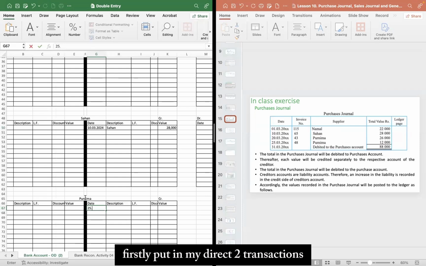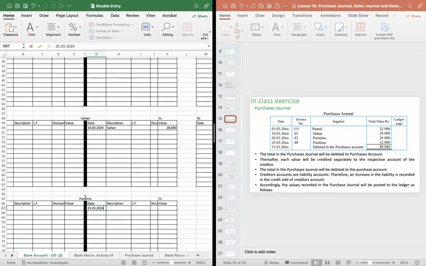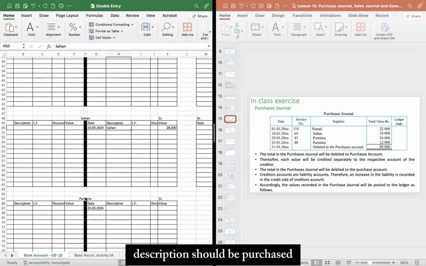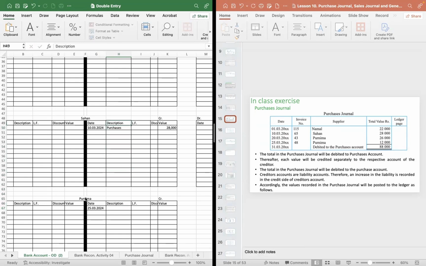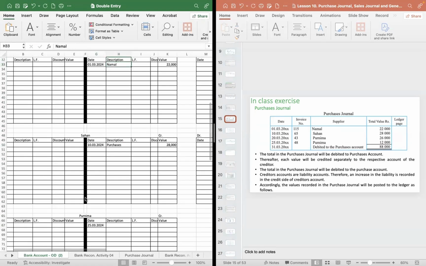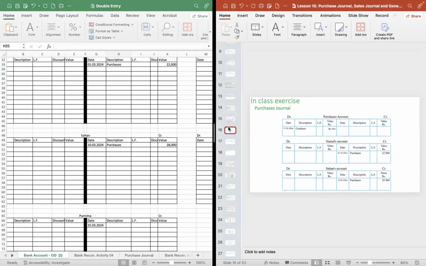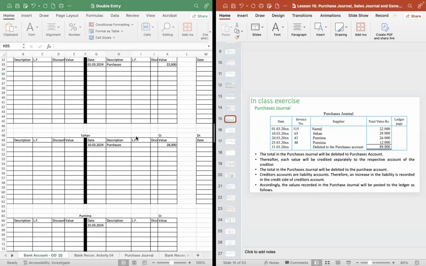Firstly, Purnima, there are two transactions. Sorry. Description should be purchases. 26,000.